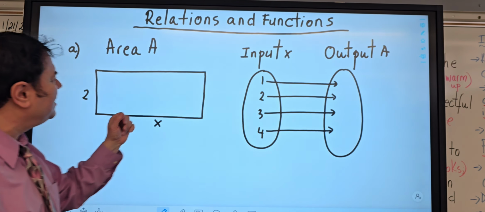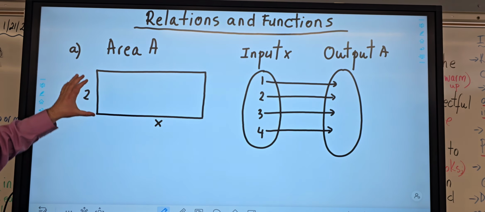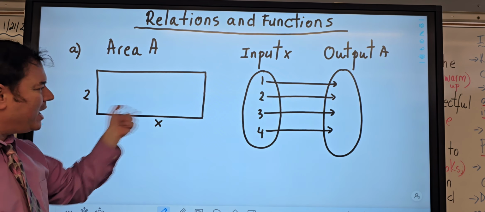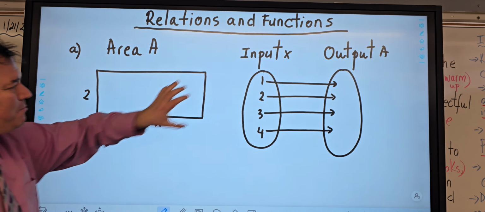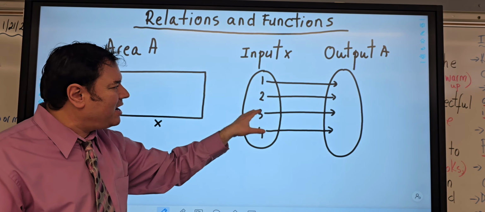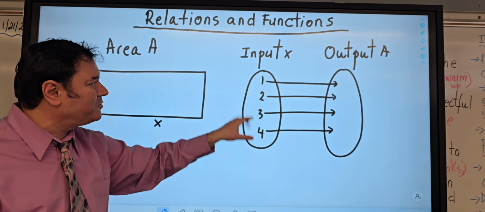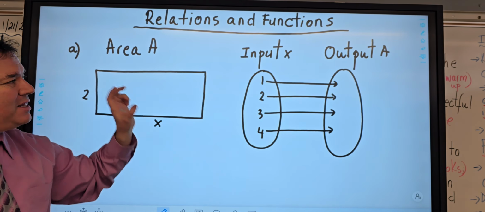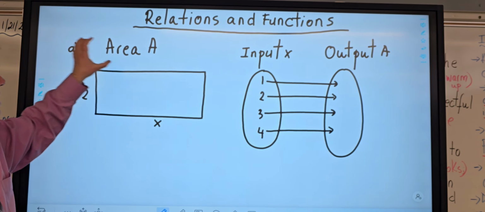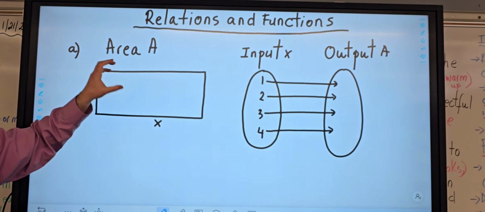Let's take a look at this example here. We have a shape here, and this is a rectangle, and then we have the area. The input is x, and they are giving us some values for the input. We have 1, 2, 3, and 4, and then the output is the area, the A, right?